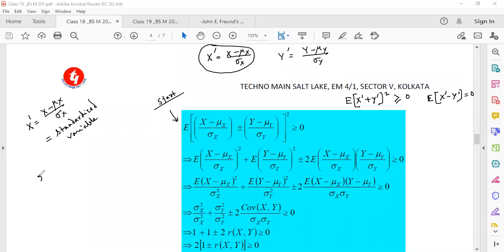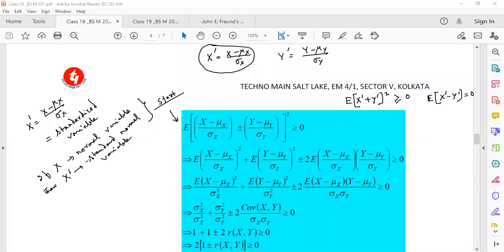Now, if x is a normal variable, then x prime is a standard normal variable. Otherwise not.